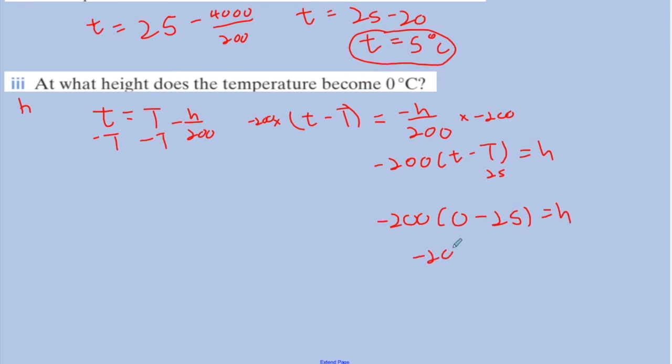So I'm going to have negative 200 times negative 25 equals h. And so positive 5,000 is our height. So at 5,000 meters, our temperature equals 0 degrees.